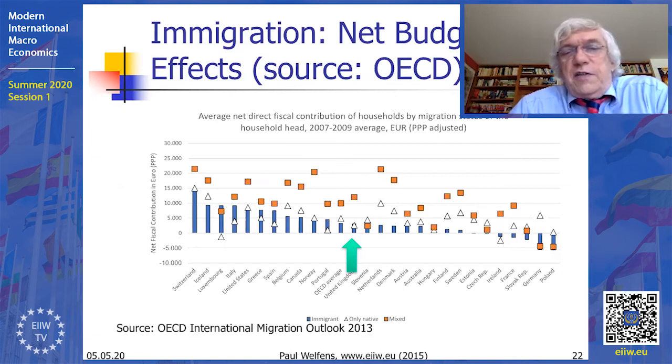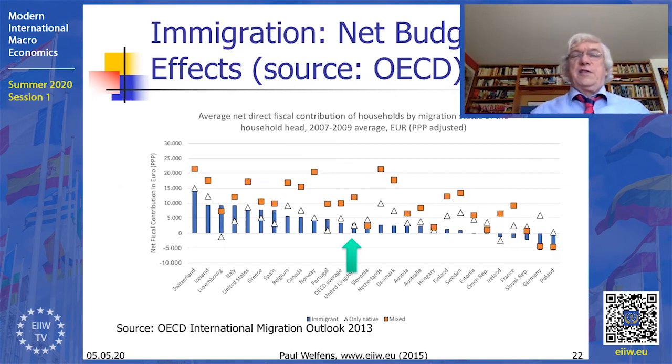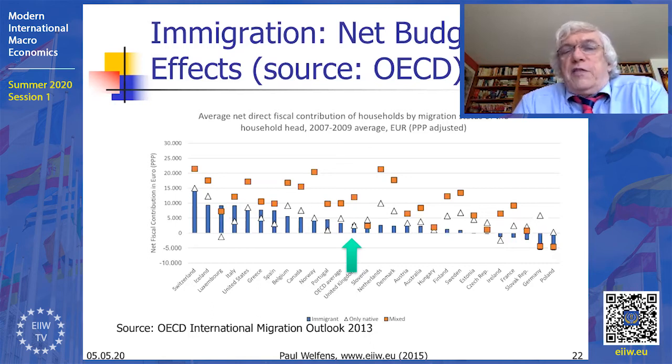So why does, for instance, the UK have a positive government budget effect? Well, this is simply because immigrants work. Their participation ratio on the labor market is actually higher than that of domestic residents, in the sense of British workers.